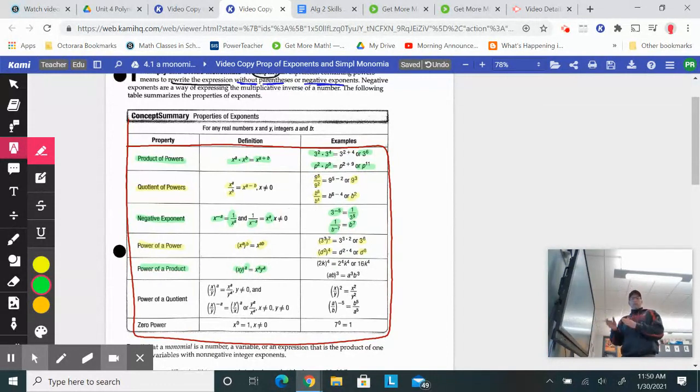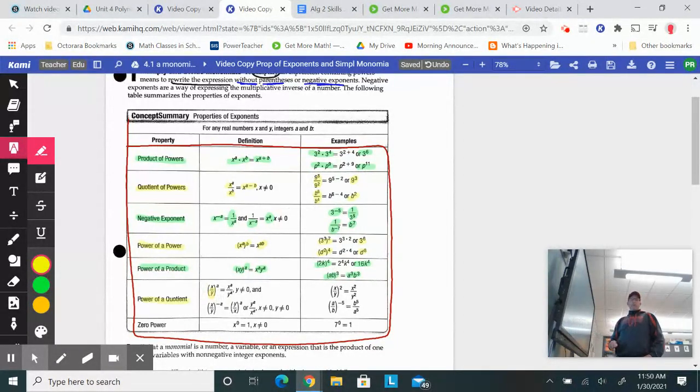You actually distribute the exponent to each of the factors in the parentheses, or what's being multiplied there. So x times y, all to the a power. You can do x to the a, y to the a. So again, look at the examples there.